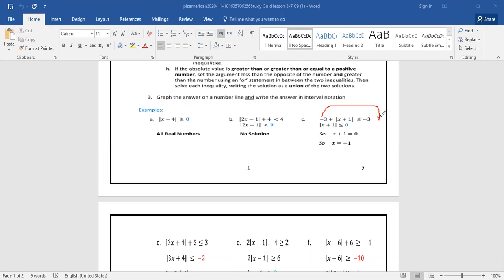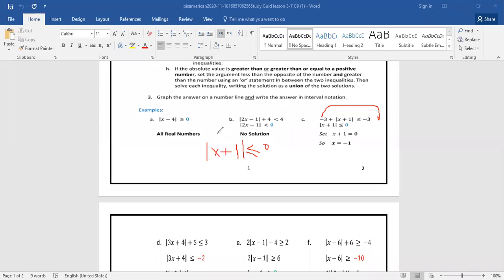So it will be -3 plus 3, which means it will be equal 0. Now we have this inequality: absolute value x plus 1 less than or equal 0.